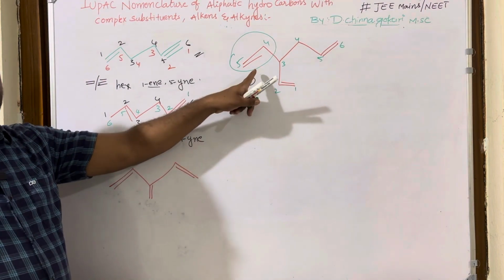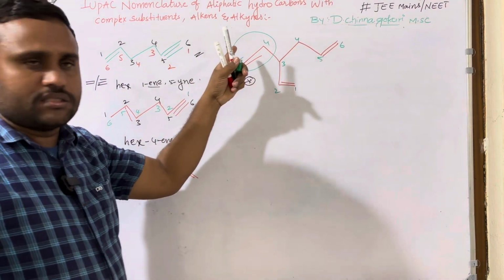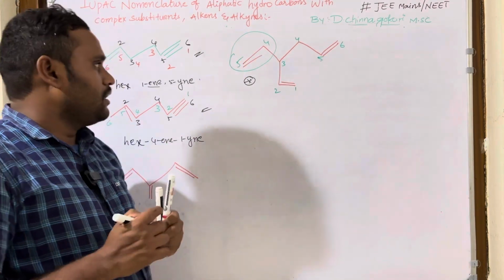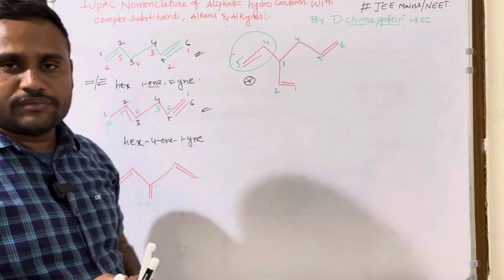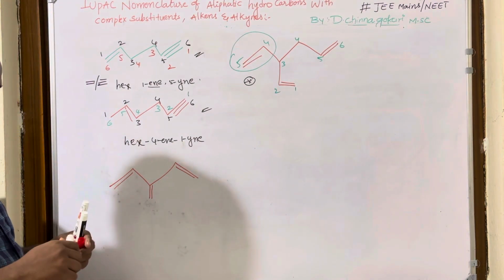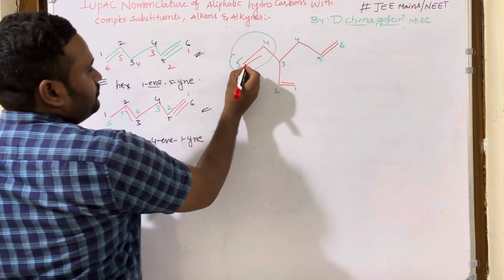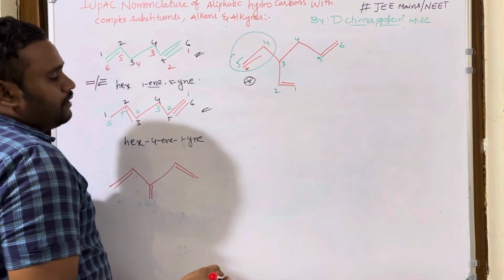Okay, so this is somewhat a different type of substituent we can see when you observe from the last examples. So now, what is the name of this substituent? Here it is just looking like alkene.